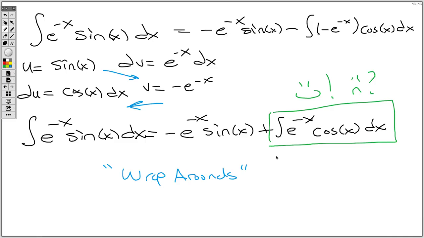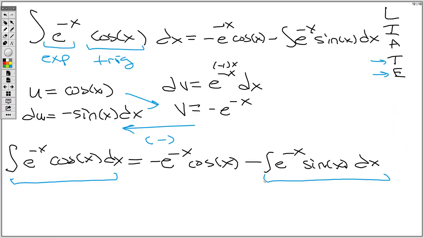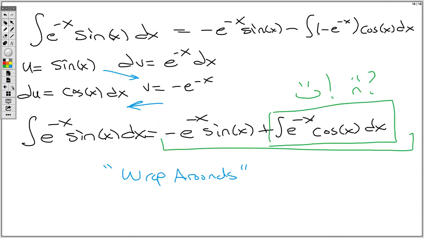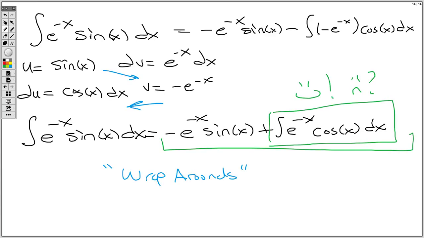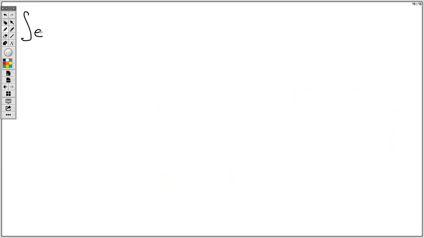Now, let's see what happens when we substitute that into here. So let's take, oops, I didn't want that. I want to put it here. So the integral e to the negative x cosine of x dx equals what?